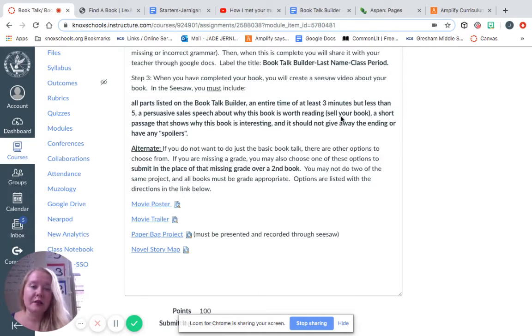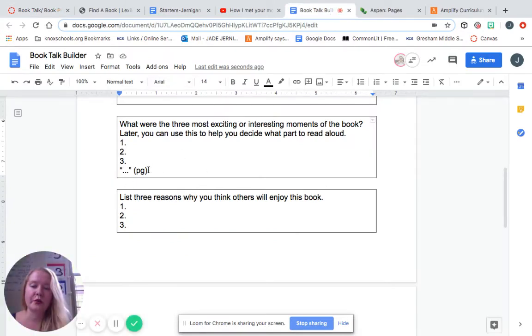So I would definitely recommend that book because it shows her personal perspective. And then a short passage that shows why this book is interesting. So for me, I would just pull a specific quote. I would have that quote already put together on my book talk builder so that when I am reading through things, I am able to reference that.